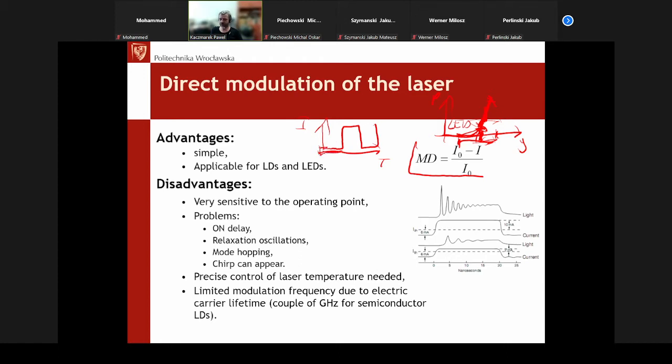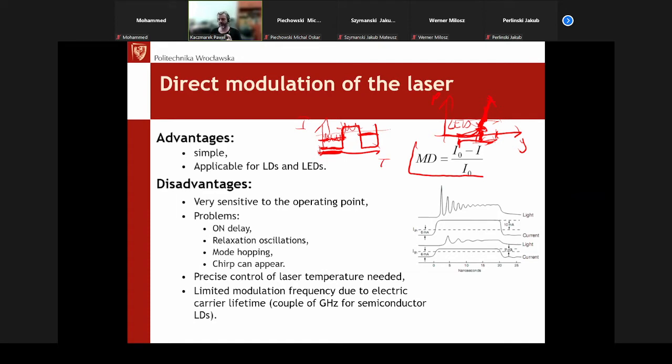Of course, we cannot have exactly zero because, like I told you, we cannot be below the threshold current. So even if we are transmitting logical zero, we will transmit some very small amount of light through the fiber. Changing this zero and modulating in such a way, of course, will make it quite hard to then distinguish between 0 and 1, especially if you simply add additional noise to the signal and other things which appear after some distance of transmission, maybe some amplification also.